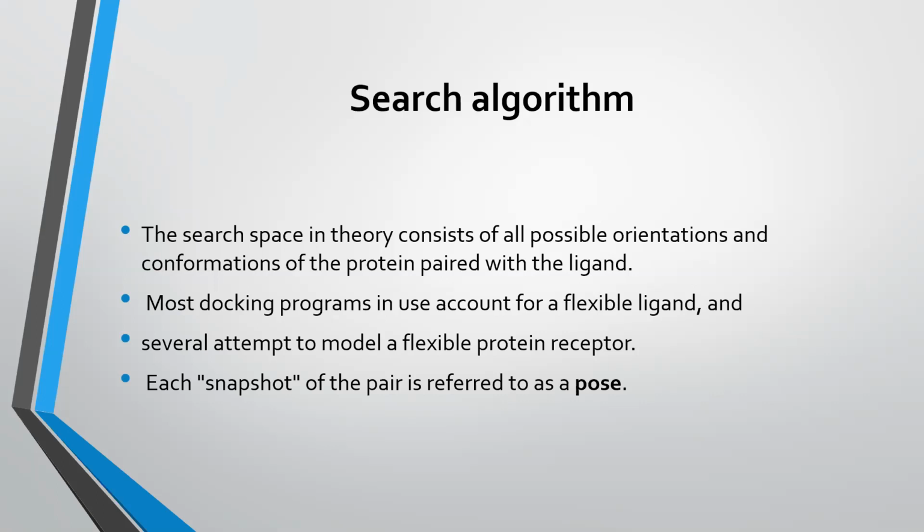So to identify the most stable conformation, different possible conformations and orientations of these two molecules need to be studied. Each conformation of this complex of the protein and ligand is called a pose. That means several poses are examined in order to identify which pose is the most stable.